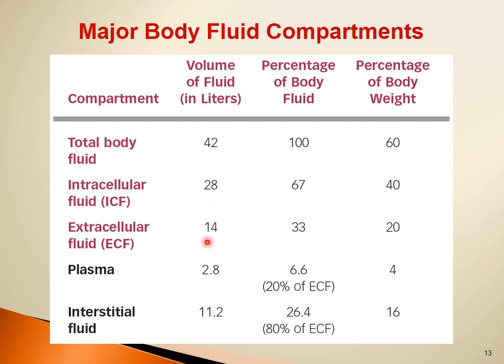Of these 14 liters, 20% is present inside the blood vessels as plasma, and this represents 2.8 liters, and 80% of the 14 liters is present in the interstitial space, or the space between the cells, and this represents about 11.2 liters of the total body water.